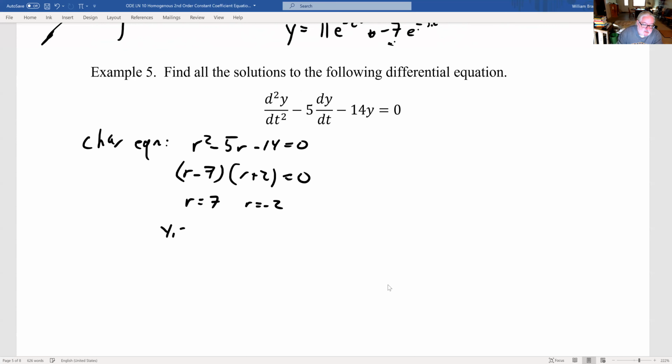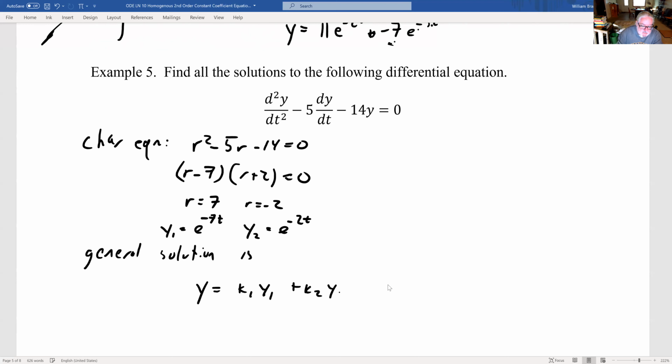Our two solutions that come from our eigenvalues are e to the 7t and e to the minus 2t. So a general solution is y equals k1 y1 plus k2 y2, or since we know what y1 is, k1 e to the 7t plus k2 e to the minus 2t.